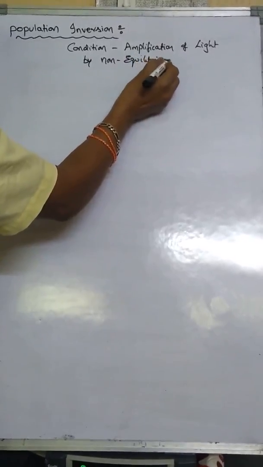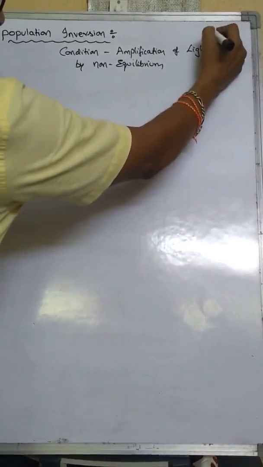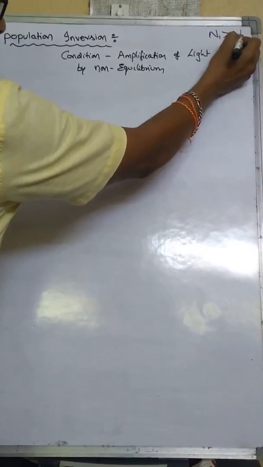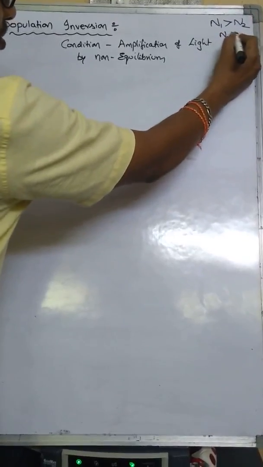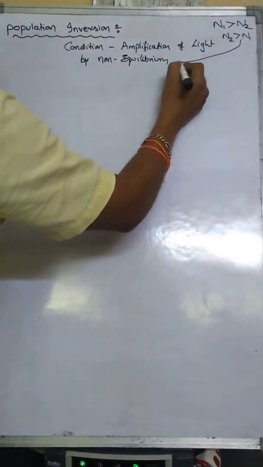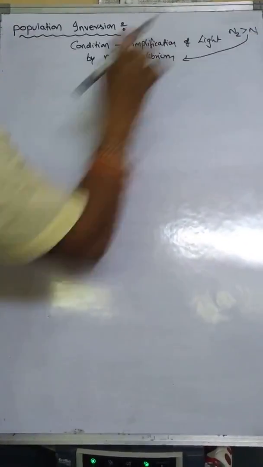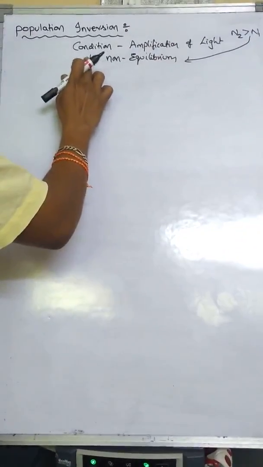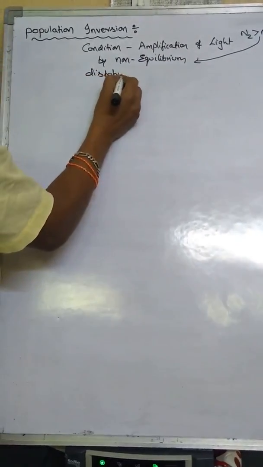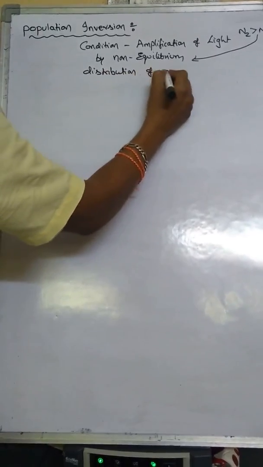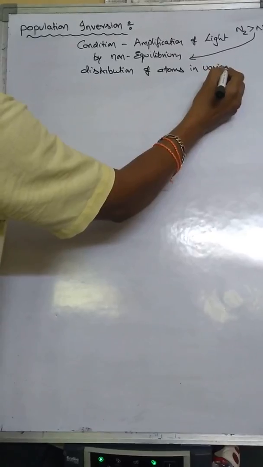Equilibrium means thermal equilibrium, where N1 is dominating; in the equilibrium state, N1 is greater than N2. We don't require that condition. We require N2 greater than N1, which is called the non-equilibrium condition, that is, a non-equilibrium distribution of atoms in various energy levels.